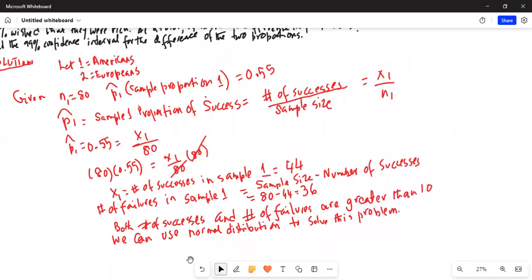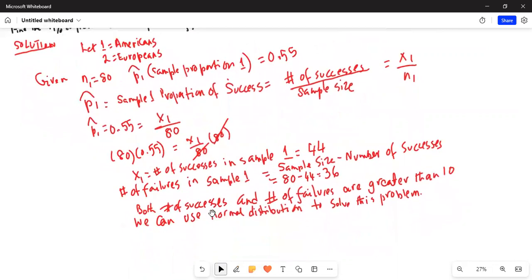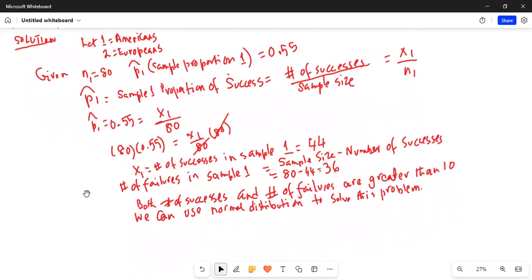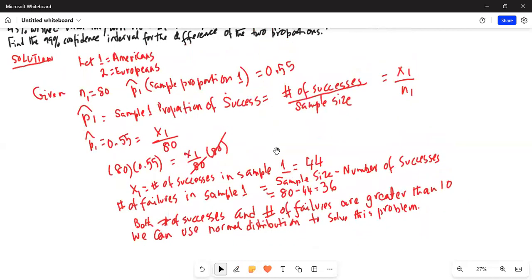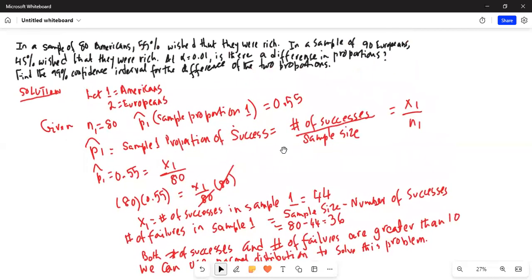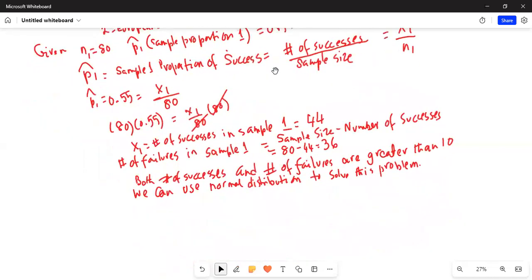Similarly, N2, the number of Europeans, is 90, and P2 hat is 45%.